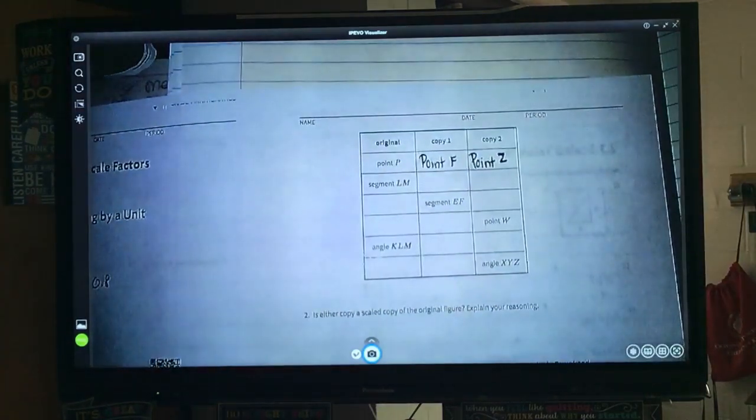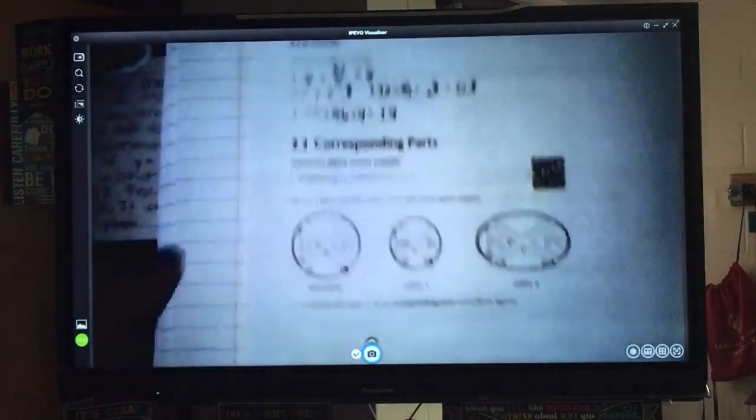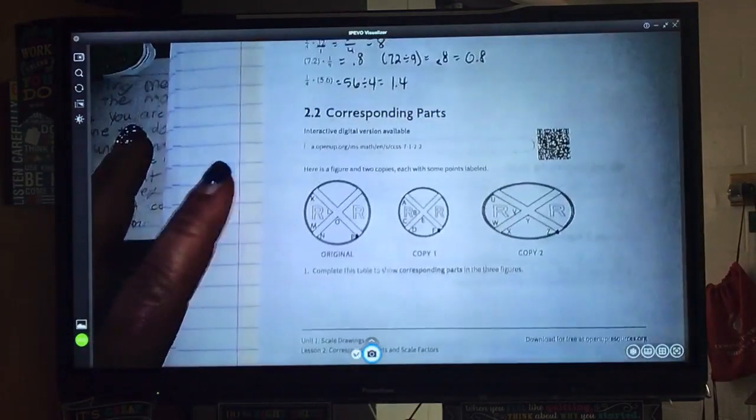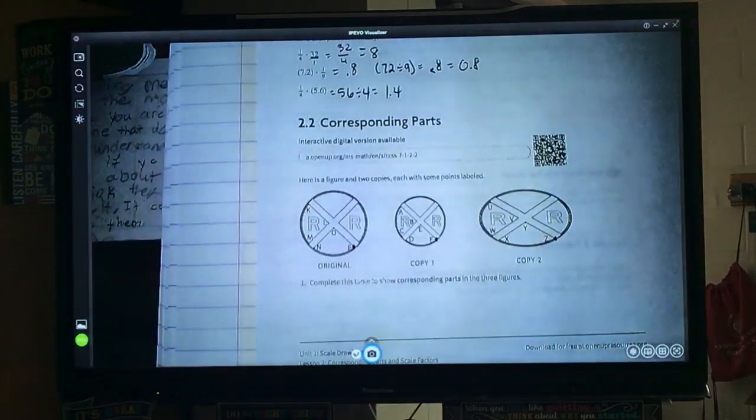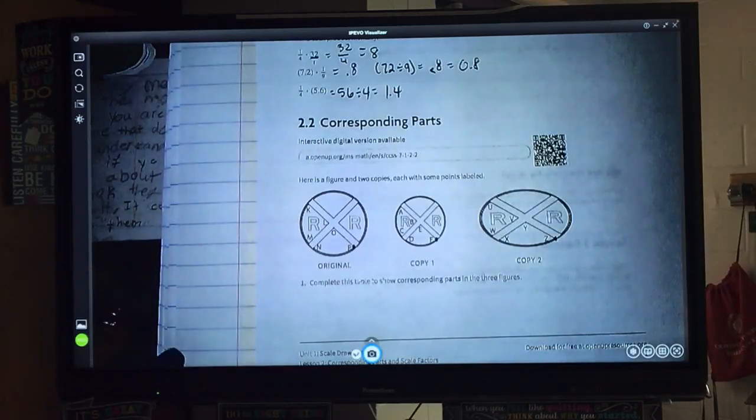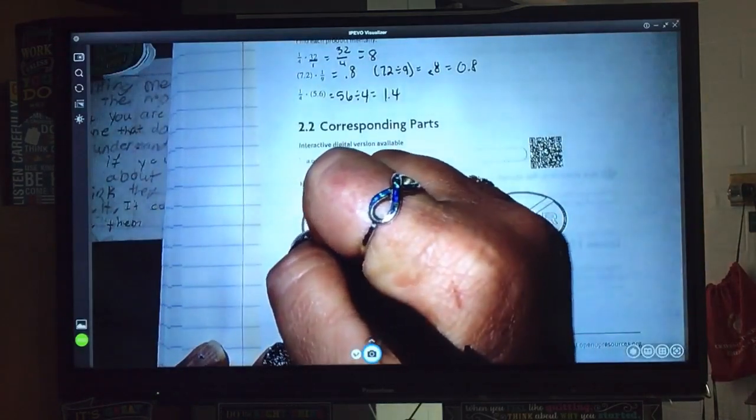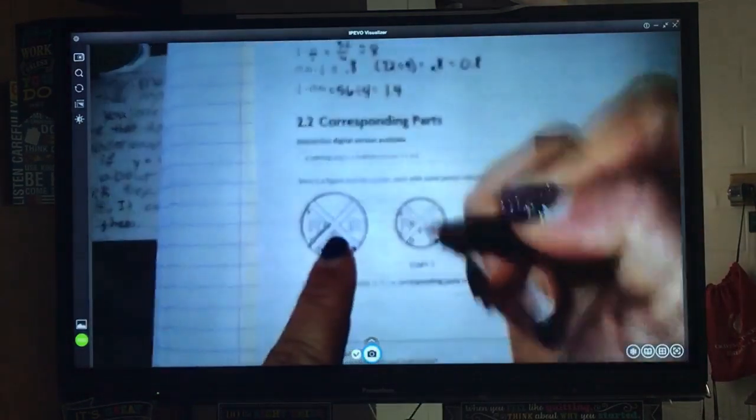Alright, so now we're looking for line segments. So segment LM. So over here on our original copy, where is segment LM? If you want to use a different color to make it stand out a little bit, you can. If not, you do not have to. Olivia. It's on the left. So right here?